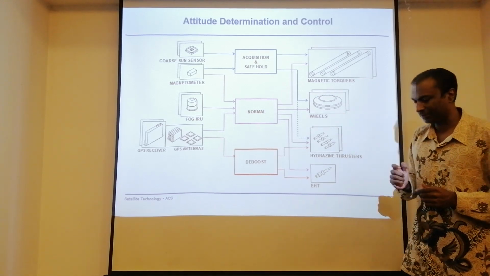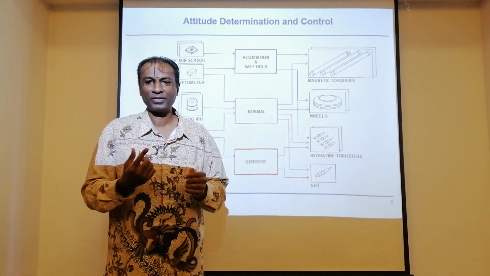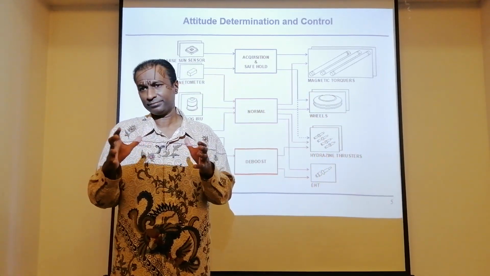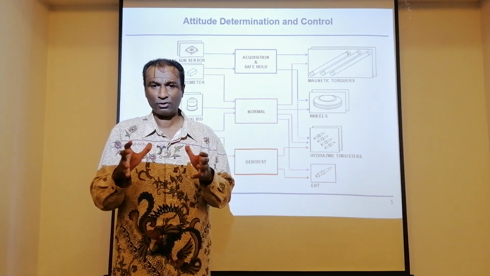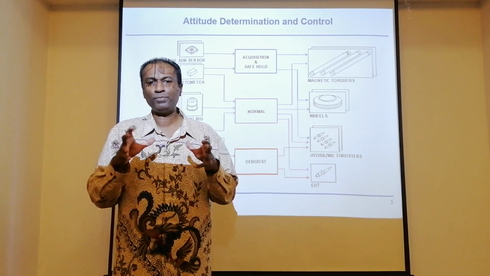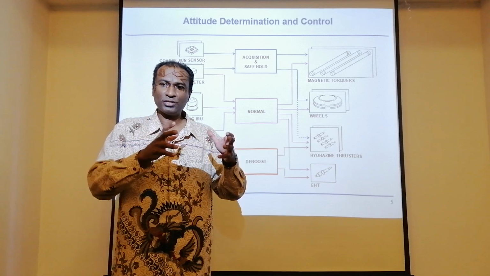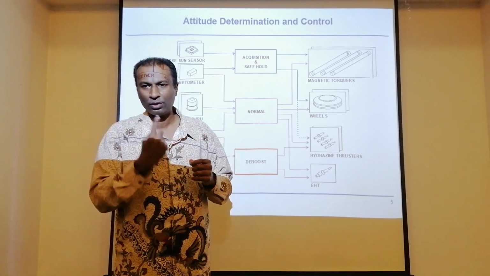Now, for example, when the reaction wheel spins, you have the angular velocity. When you have angular velocity and a mass, you have angular momentum. When the angular momentum changes, you should be able to have a torque.